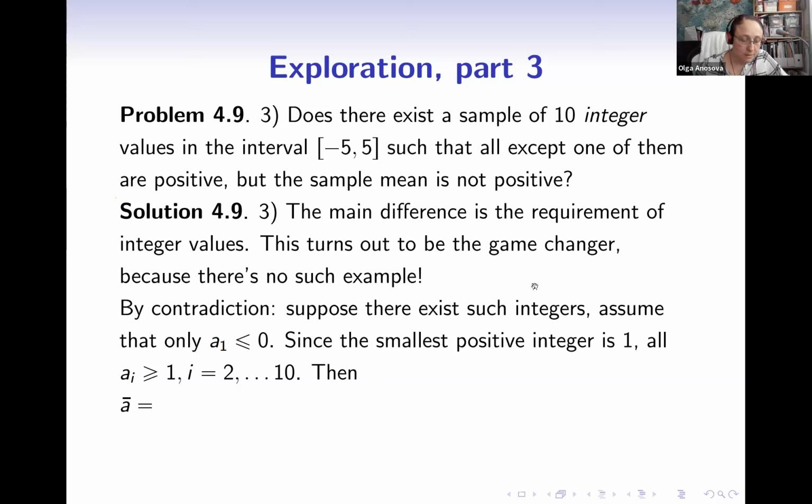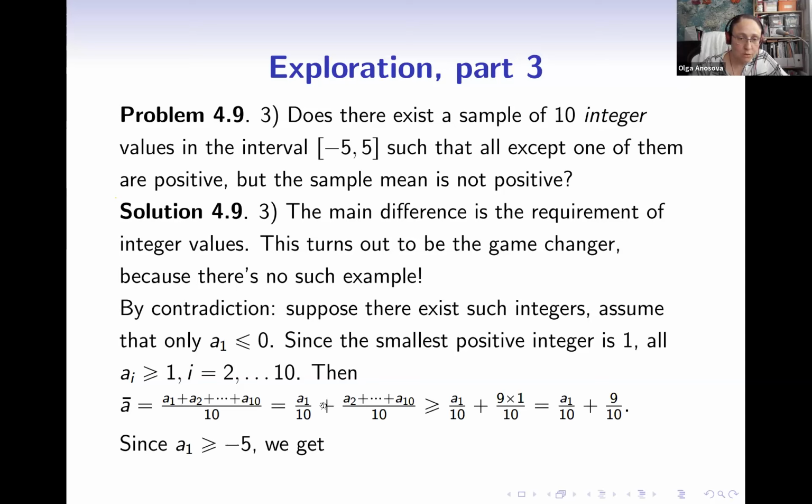What will be the mean then? Well, the mean will be our unknown a1 plus all the other ones, which means that it will be equal to a1, which we don't know yet, which should be non-positive, divided by 10. We have 10 values, plus 9 over 10. But now remember, we are restricted to the interval from -5 to 5, which means that the smallest integer that we can take, or the smallest number at all, is -5.